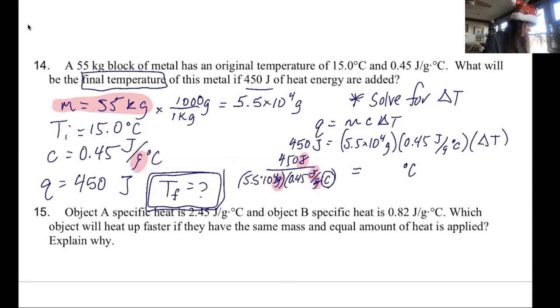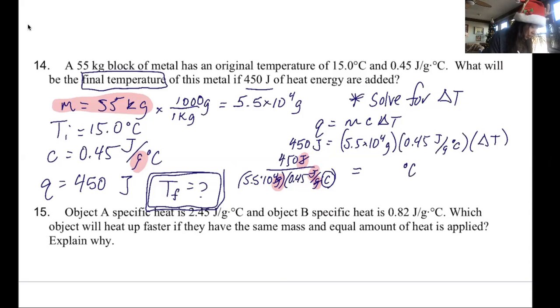Let me make sure I didn't make a mistake, because I got a very small number. Okay, that's right. So I'm going to do 450 divided by 5.5 with an exponent of 4. That's a big number, times 0.45.